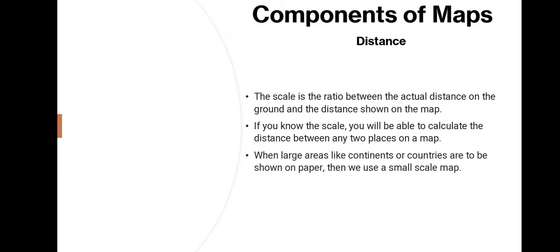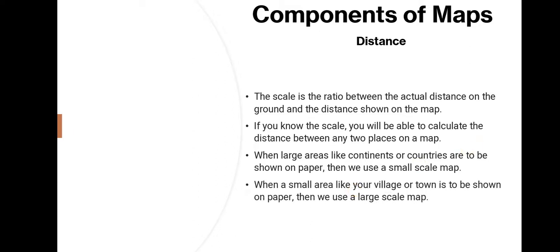When large areas like continents or countries are to be shown on a paper, then we use a small scale map. When a small area like your village or town is to be shown on a paper, then we use a large scale map.